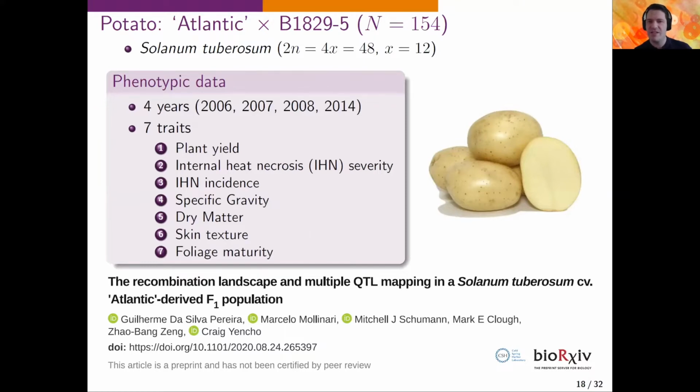And also in the first day, we were calling SNPs from this population. We are building the map for this population. Now we are looking for QTL, right? And we phenotyped this population for 7 traits across 4 years, and all details can be found here in this preprint.